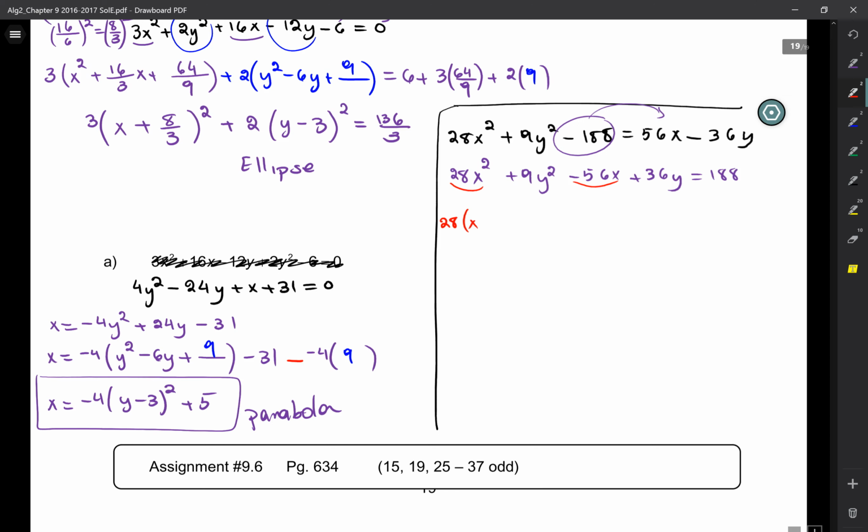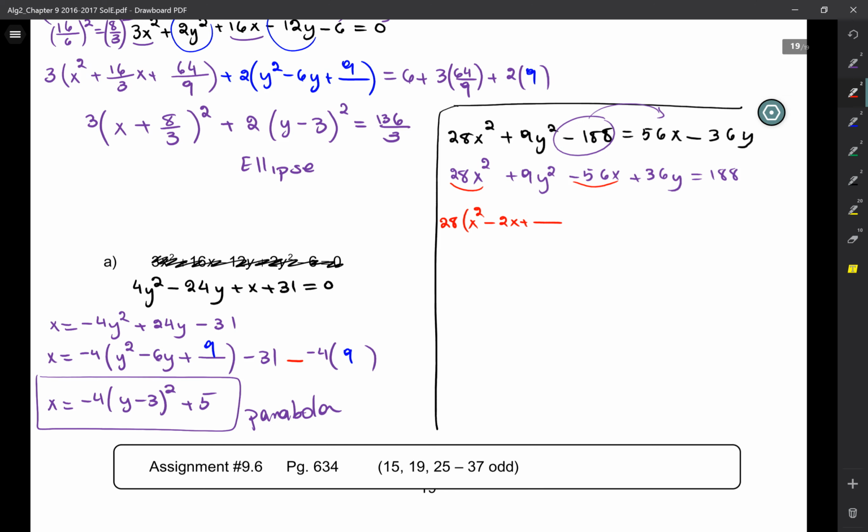Even if it doesn't go evenly, you still have to do it. So x squared minus 2x plus a number. You just have to make this coefficient a 1. That's your main purpose in order to be able to complete the square.